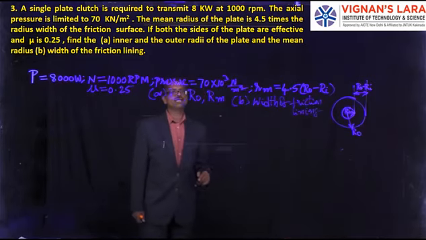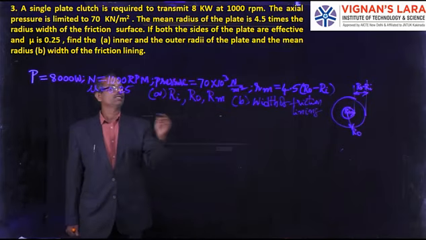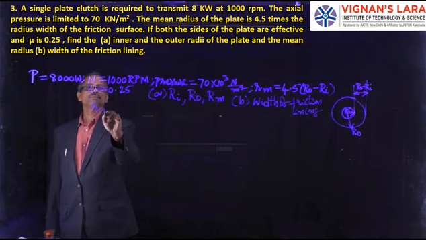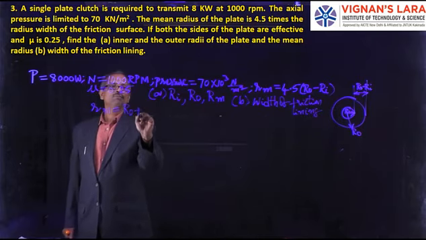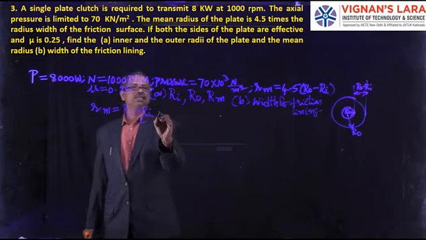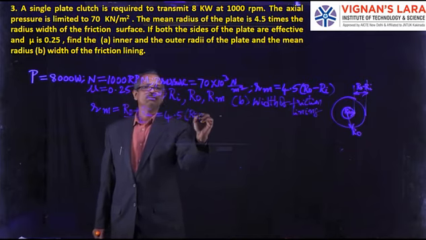Let me first write the relation given for Rm. Rm is the mean, R0 plus Ri by 2, which is nothing but 4.5 times R0 minus Ri.